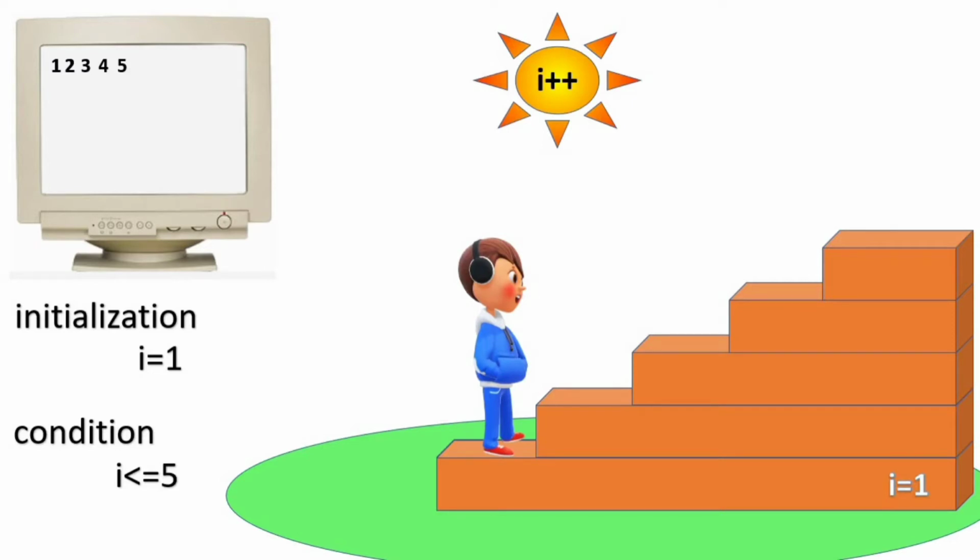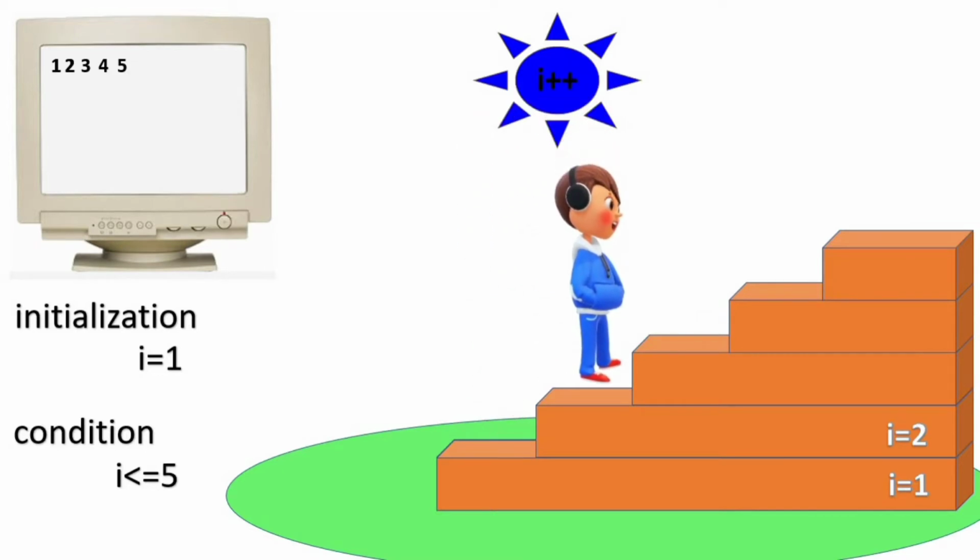After setting the value of I as 1, we have to increment the value of I by 1. So we have I plus plus. It represents the incrementation of I by 1. So I becomes 2. Again I will be incremented by 1.